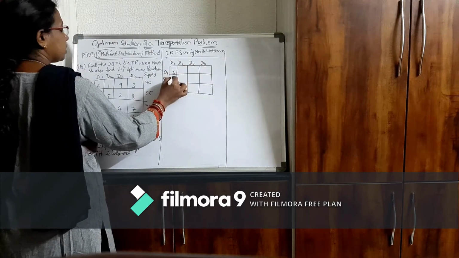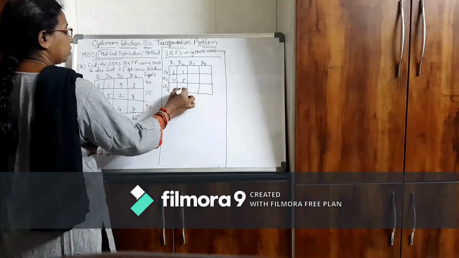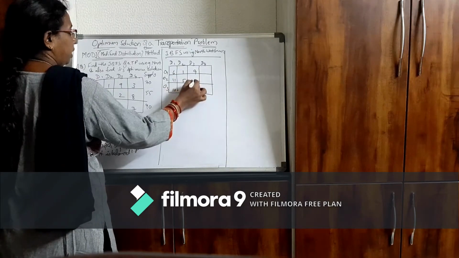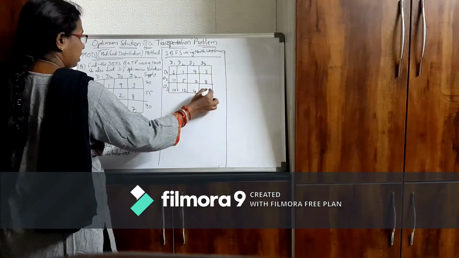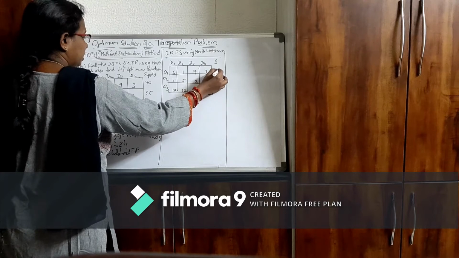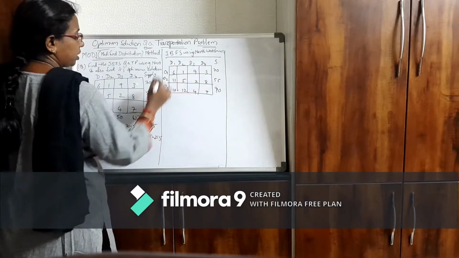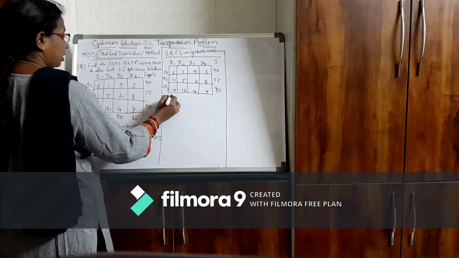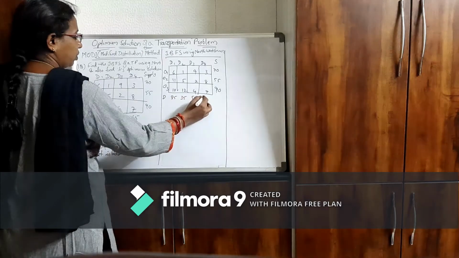The costs are 6, 1, 9, 3, 11, 5, 2, 8, 10, 12, 4, 7. Supply is 70, 55, 90, and I am writing supply as S and demand as D. Demand is 85, 35, 50, 45.